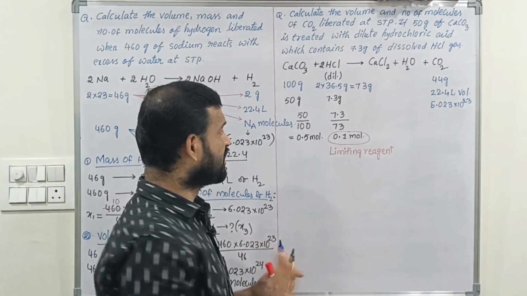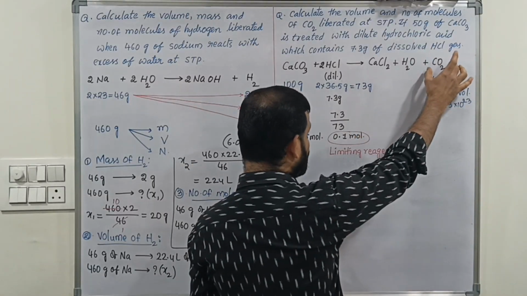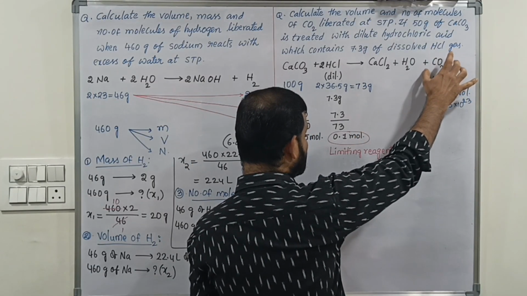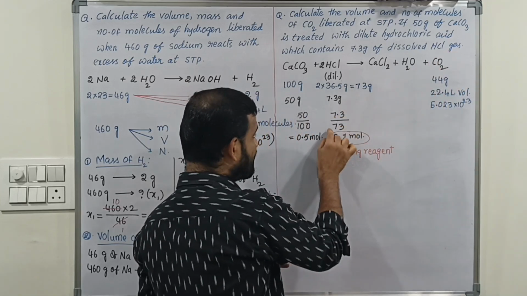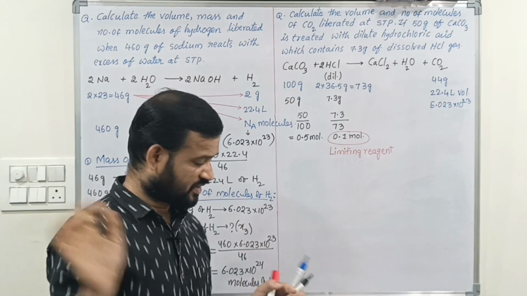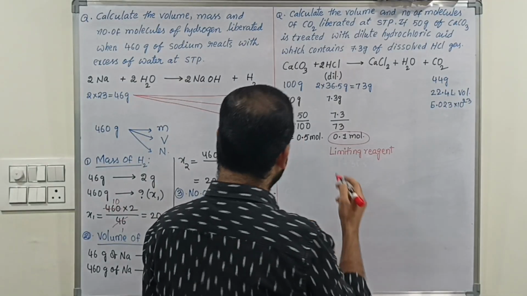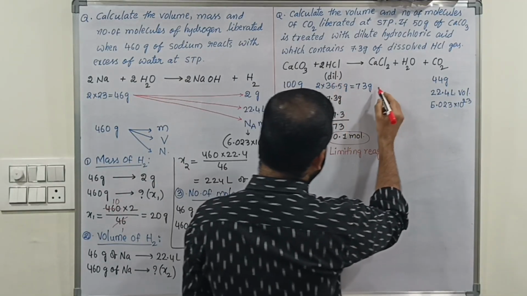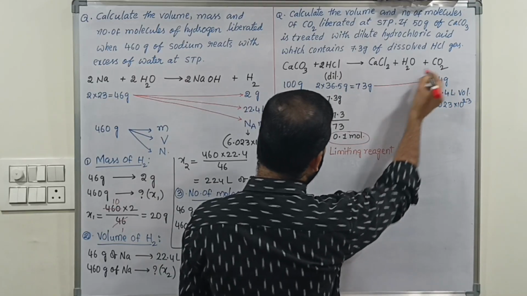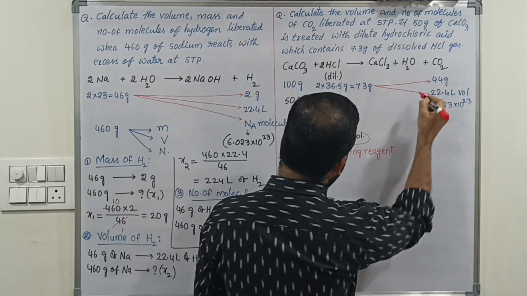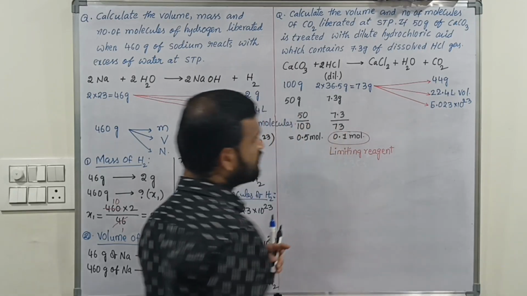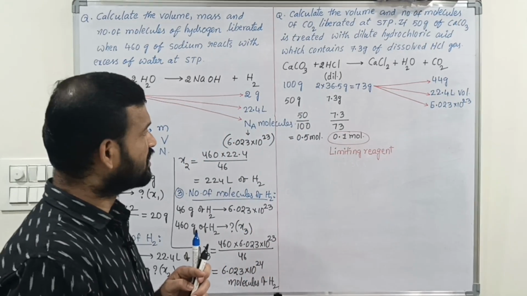That's it. How much CO2 gas is liberated when we take 7.3 grams of HCl? This is the relation. As per the equation, 73 grams of HCl forms 44 grams of CO2 gas, gives 22.4 liters volume and gives 6.023 into 10 power 23 molecules of CO2.